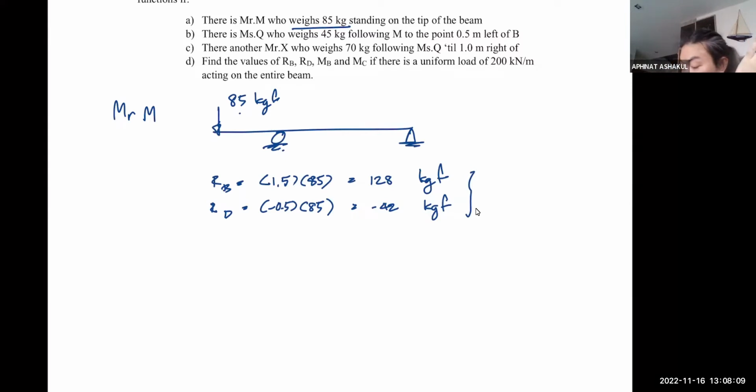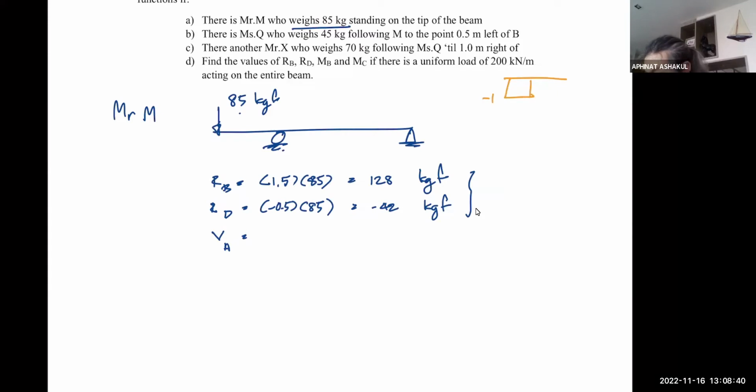And what else? Let's say for the sake of demonstration, we have VA first, right? VA is, I remember the value. VA is this one, right?